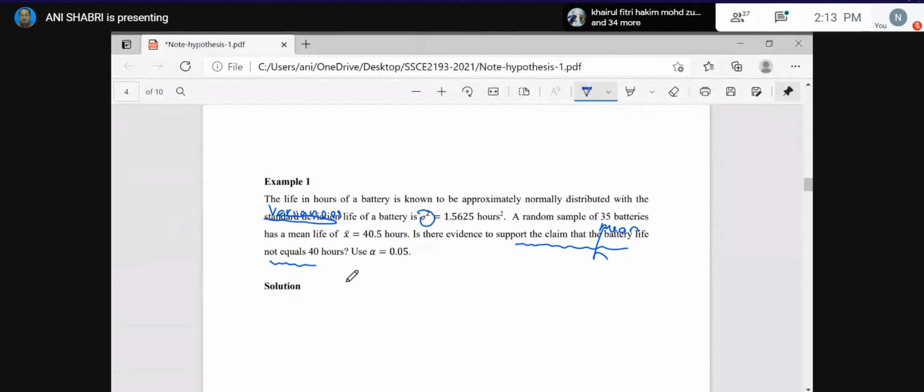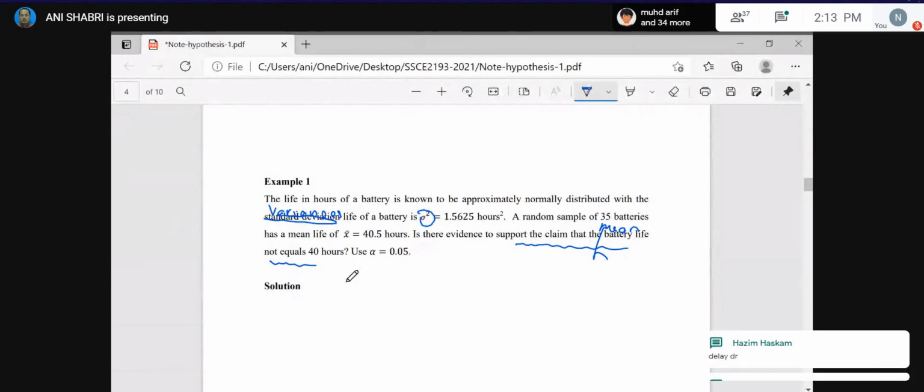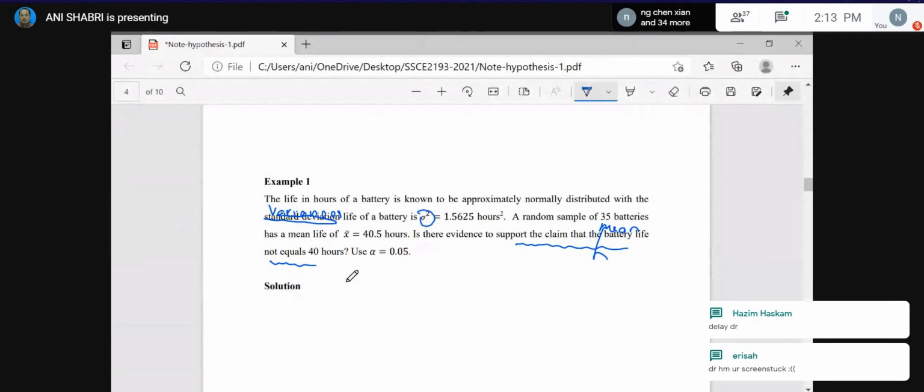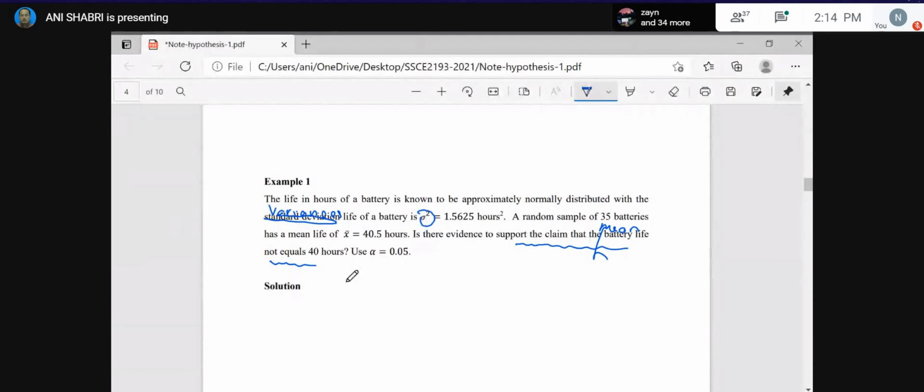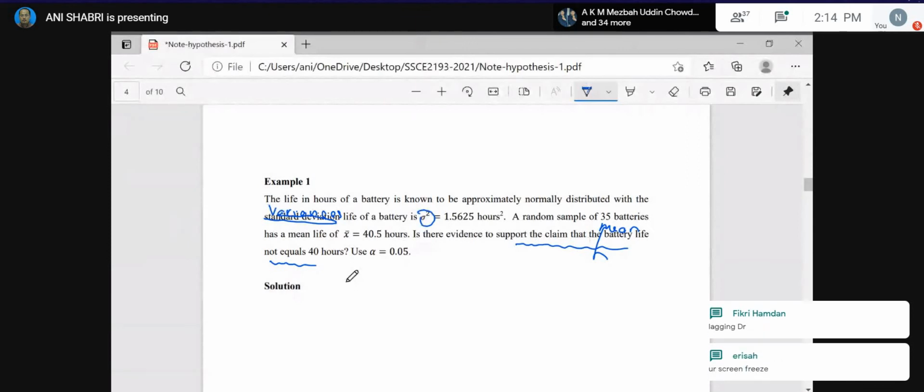Setakat ni okey tak ni? Langkah pertama. Okey, tak ada senyap ni okey lah Doktor, kena perlahan sikit. Itu apa doktor tulis tak keluar lagi.